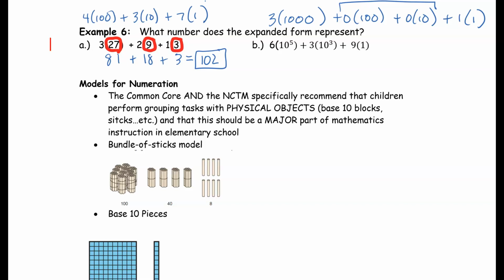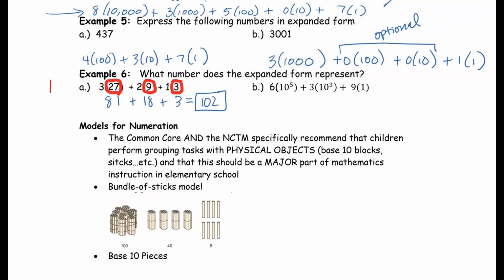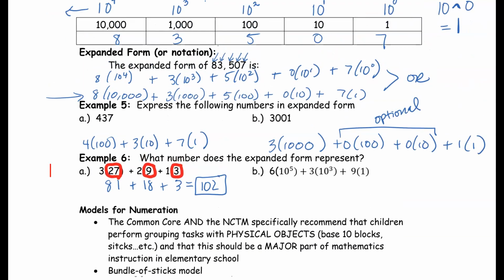And if you think about our base 10 system, we started with 1, but 10 was the next place value. This would be a base 3 system, because you've got a 3, and then 3 times 3 is 9, and 3 times 3 times 3, 3 cubed, is 27. But we'll come back to that later. I wouldn't worry about that right now.